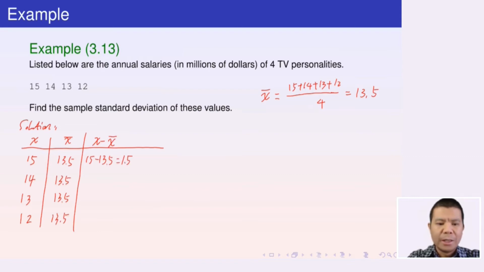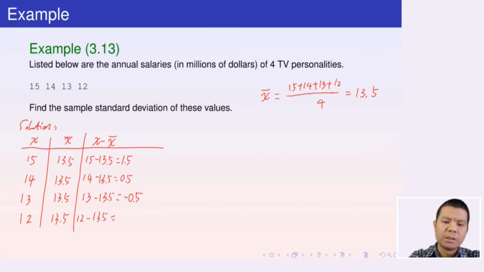And here is 14 minus 13.5, which is 0.5. And 13 minus 13.5, here be careful, is negative 0.5. And finally, 12 minus 13.5 is negative 1.5. So we have this.